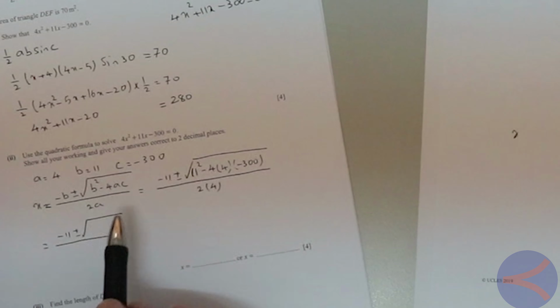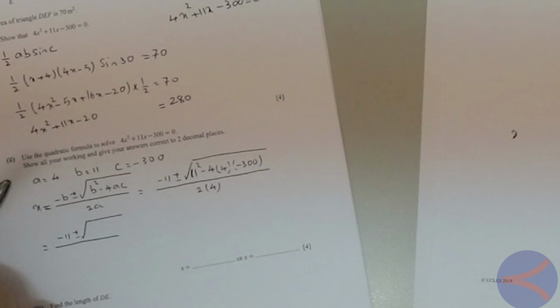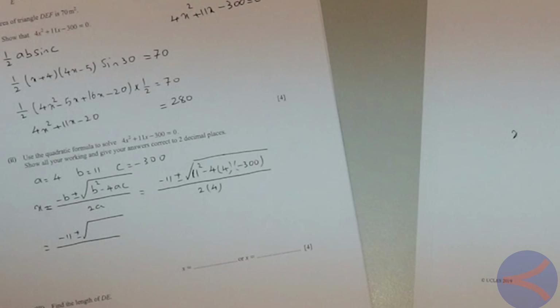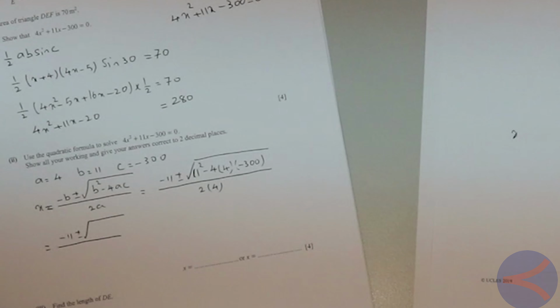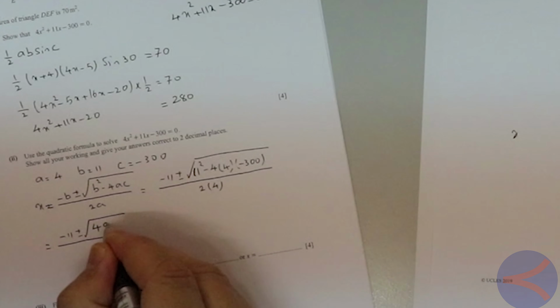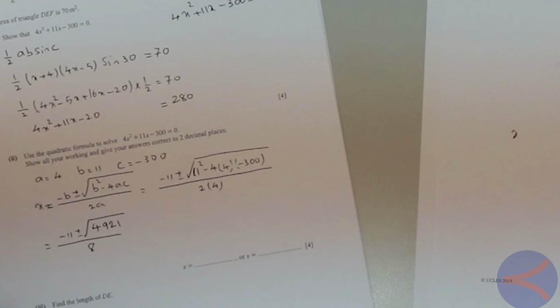Now we are putting all these numbers in the calculator. This is 11 squared minus 4 times 4 times negative 300. You are going to get 4921, divided by 8. Now you can put this in the calculator and get the answers.